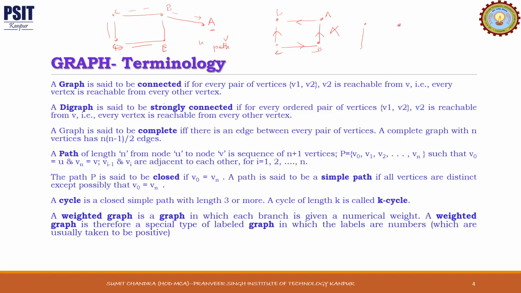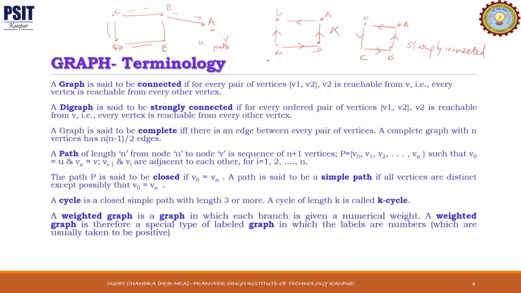But if this is the scenario, from A we can reach D, we can also reach C, we can also reach B. From B also we can reach A, D and C, and from C also we can reach all the vertices. So now this graph is strongly connected. Okay.